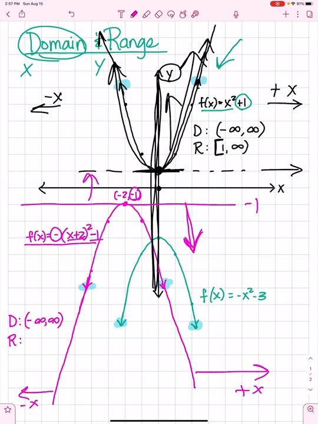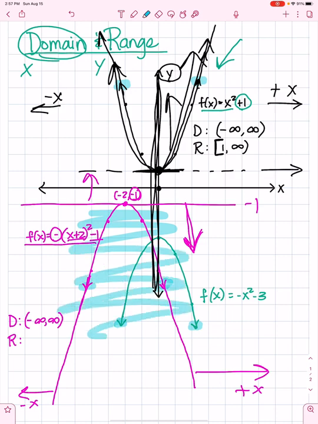So the y values are going to be all of these below -1. Well, what's below -1? All the other negative numbers, so negative infinity. All right, so we are going to write our range then as inclusive of -1 down to negative infinity. There's our range, just like that.